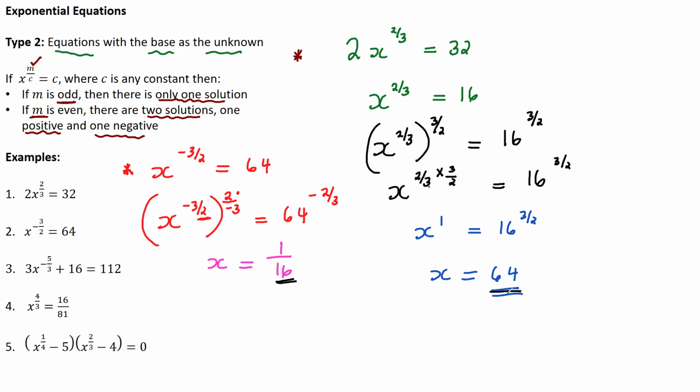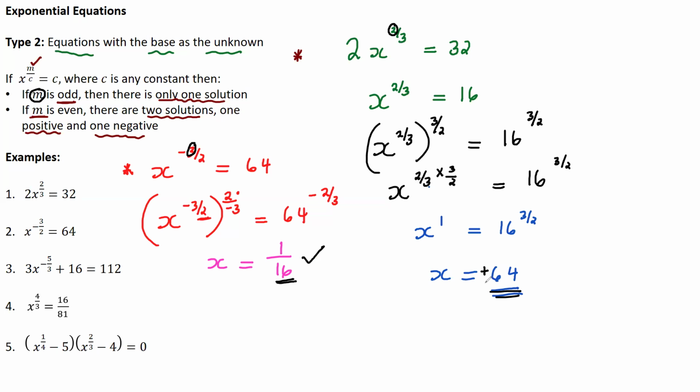Now, I want you to compare these two answers here and see something. We said if M is odd, then there's only one solution. Here, it's odd, right? So there's only one solution, which is this. But if M is even, there you are. There's two solutions.